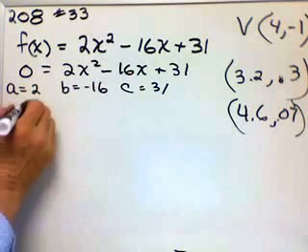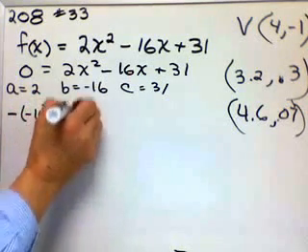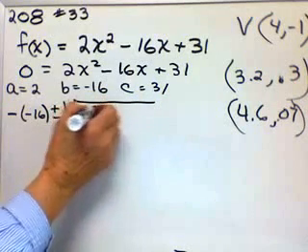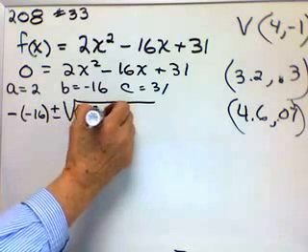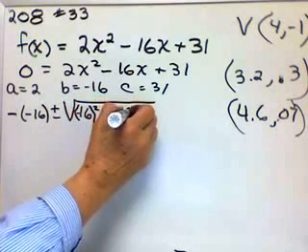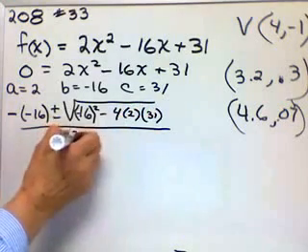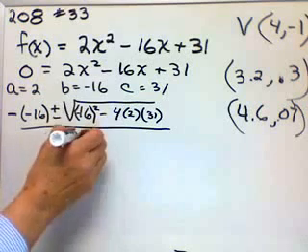So minus b plus or minus the square root of b squared, which is 16 squared, minus 4 times a times c, all over 2a. And a was 2, so 2 times 2.